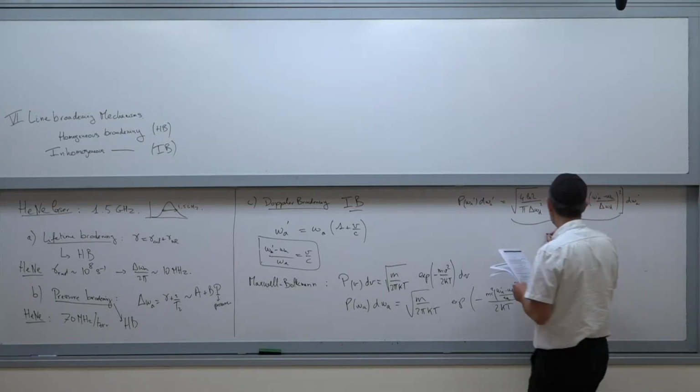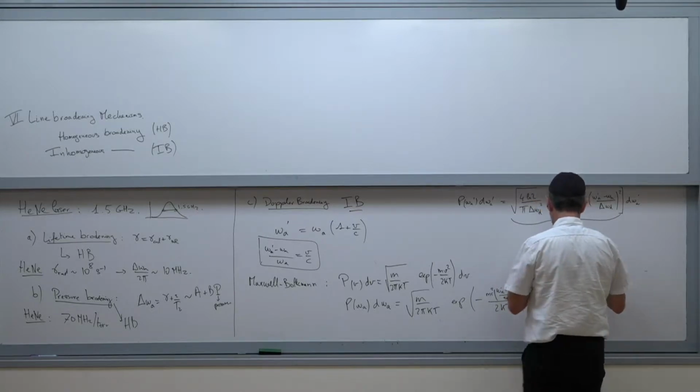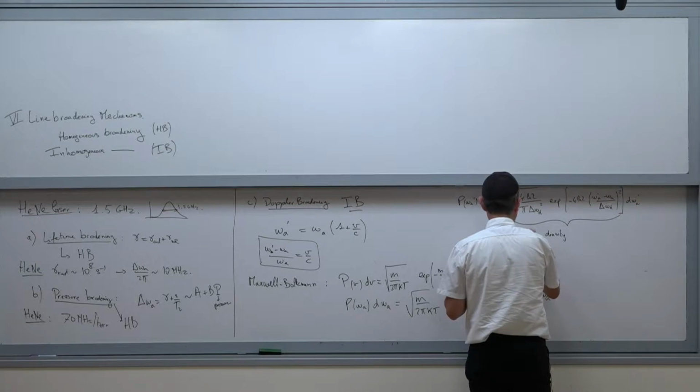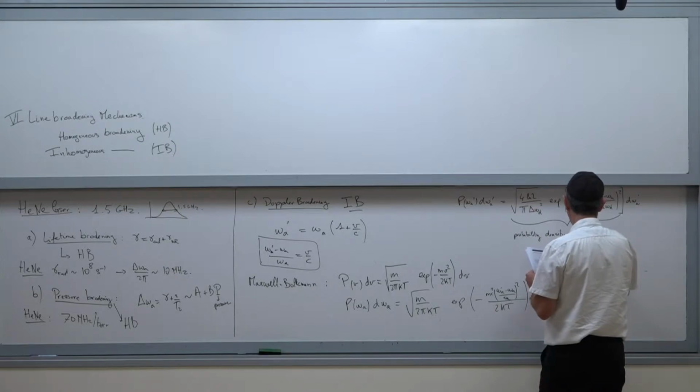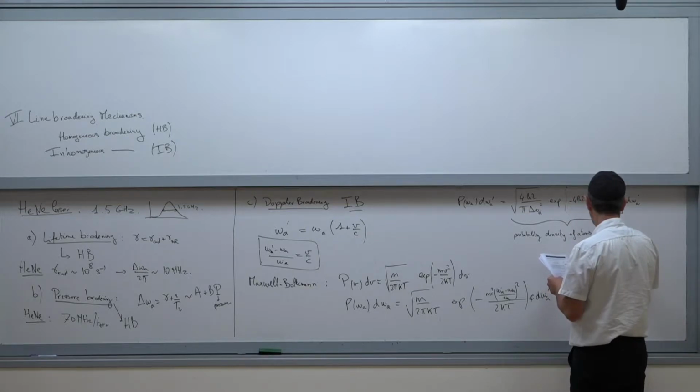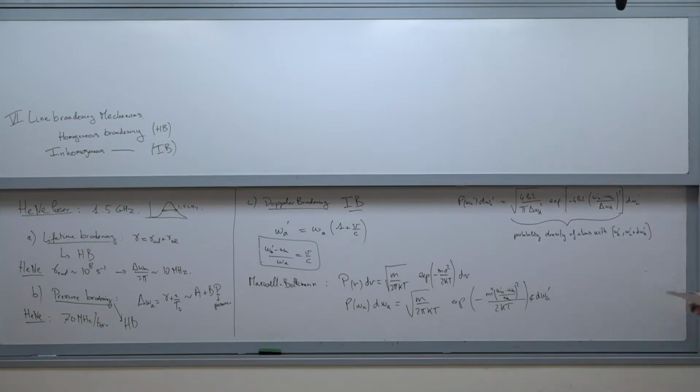So this is the probability density of atoms with frequency between omega a prime and omega a prime plus d omega a prime. So that's the distribution that we obtain.